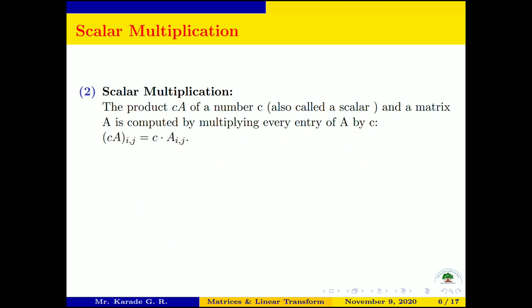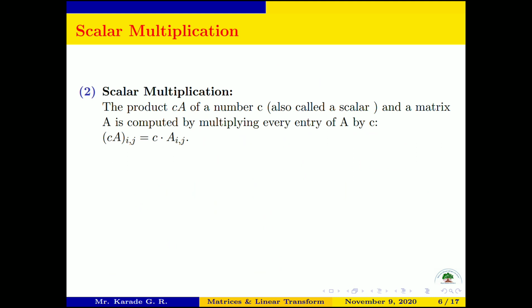The product cA of a number c, also called as scalar, and a matrix A is computed by multiplying every entry of A by a number c.